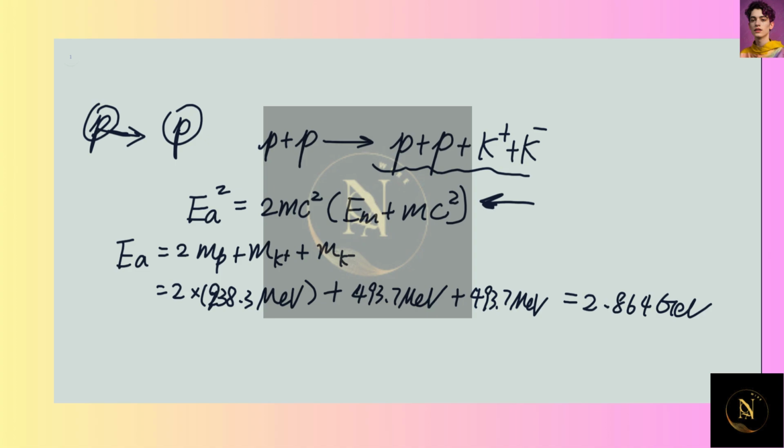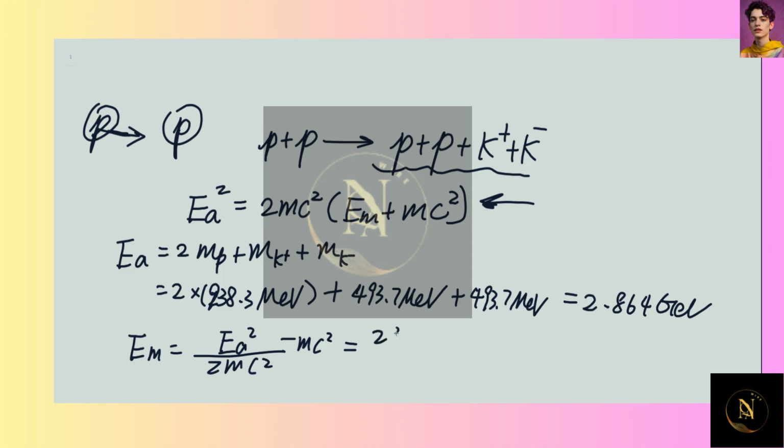Now let's go back and look at this equation. We want to solve the energy formula for E_m. Using this, E_m equals EA squared over 2 m c squared, minus m c squared.